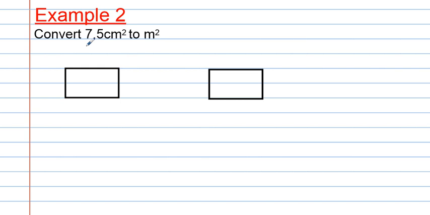Convert 7.5 centimeters squared to millimeters squared. All right. There are several ways of doing this because in the exam when students see 7.5, they panic. All you need to do is look for two numbers that multiply to give you 7.5.